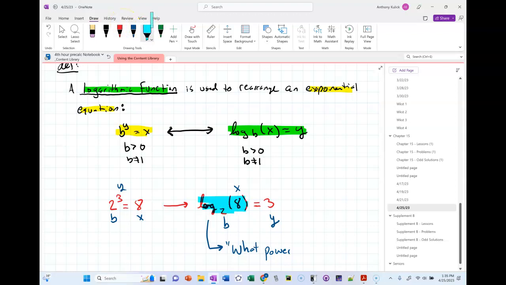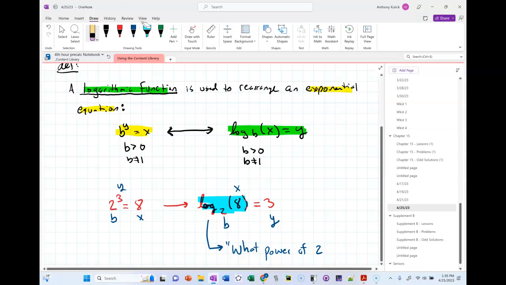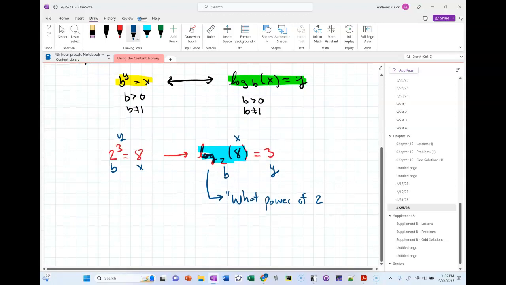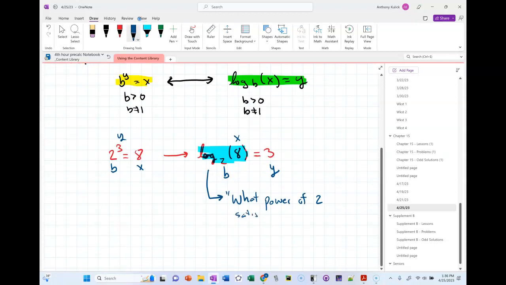As this says, what power of 2 satisfies 2 to the x is equal to 8?